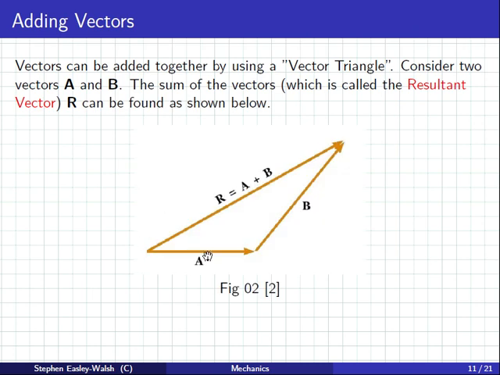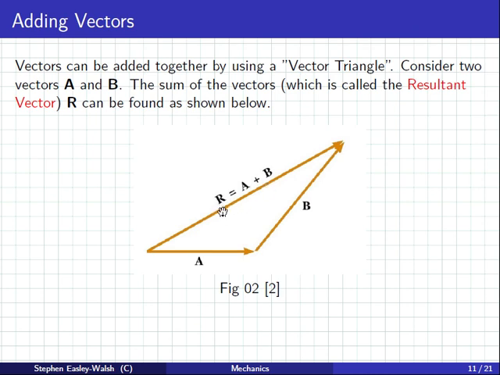So if you have vector A and vector B and you want to add them together, you put the tail of B at the head of A. And then the answer is from the tail of A to the head of B. That's called the resultant, which is A plus B.